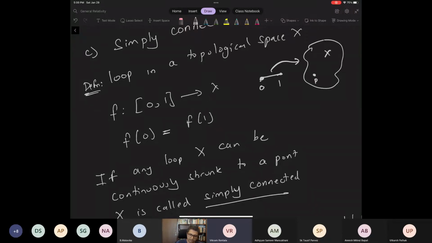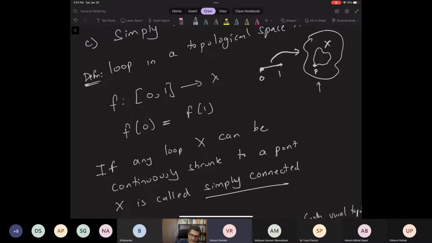That is, if I have a point P here, 0 maps to this point P, and 1 should also map to this point P, which means that we're drawing a closed loop in X. Now, if any loop in X can be continuously shrunk to a point, then you say that X is simply connected.